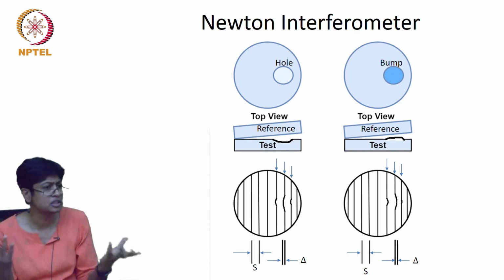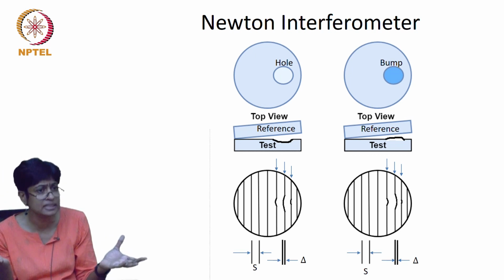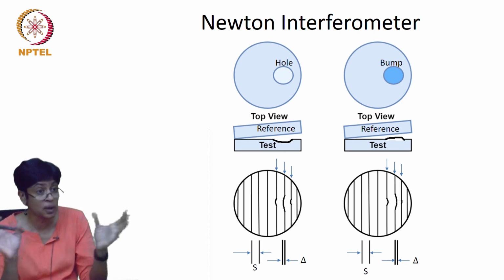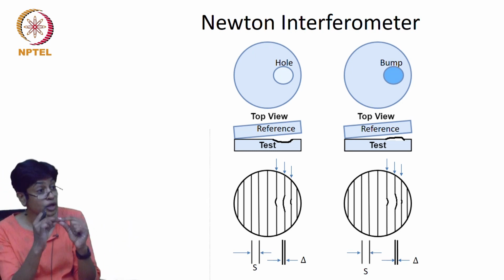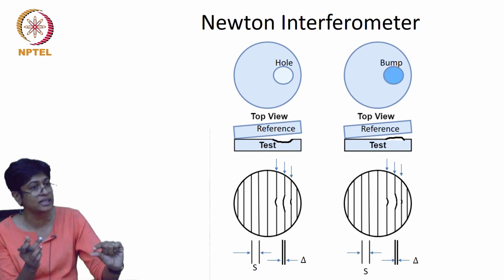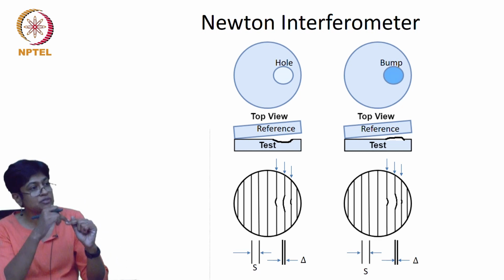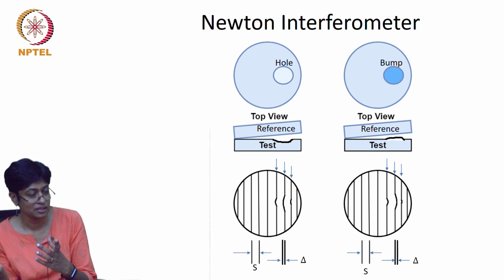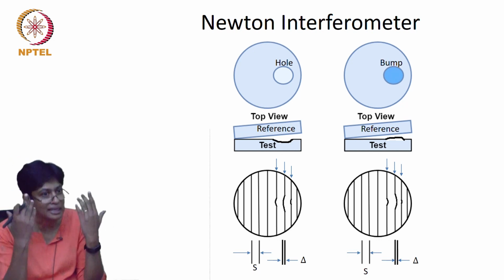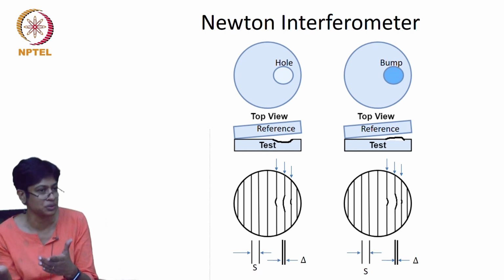And the Newton interferometer is a very easy instrument to use. There is no alignment because the path length difference is so small. You are not aligning anything. You are putting your test element there, and the reflection from the top and the bottom of this element is what is interfering. Right? And you just visually are looking at the pattern and deciding what to do.